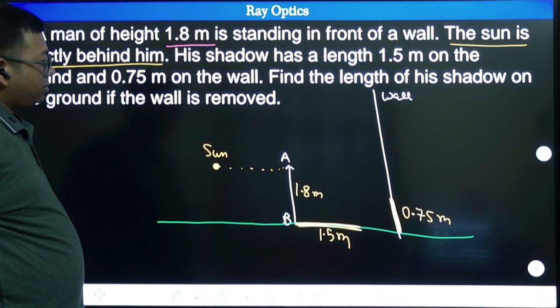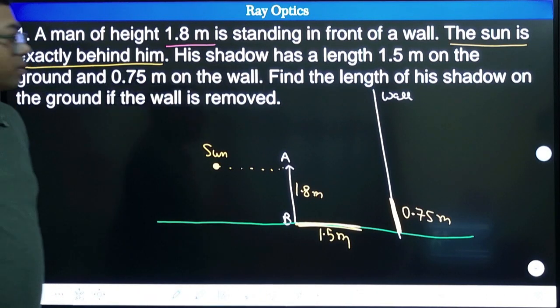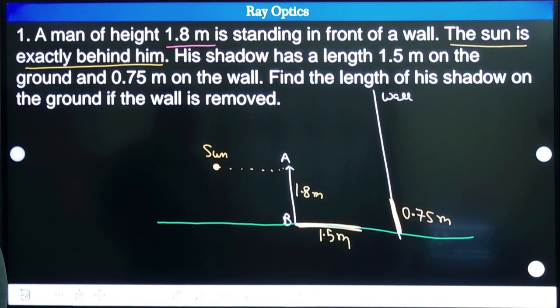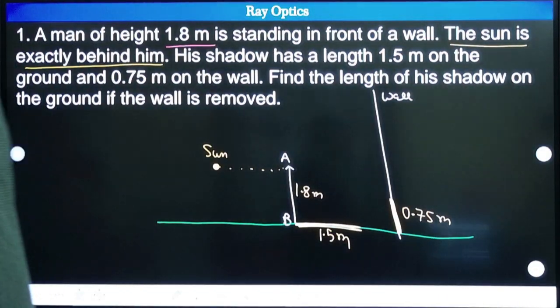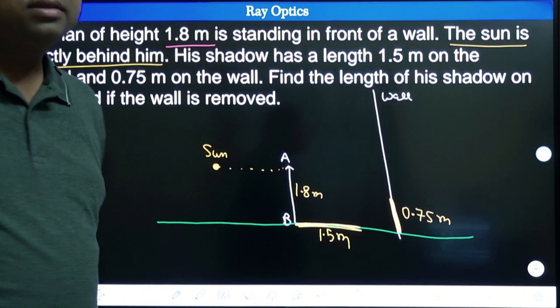What is longitudinal magnification? No, lateral, longitudinal means there is a principal axis. Where is the principal axis? That also you need to tell. And then we can go. Try this. All of you try this.